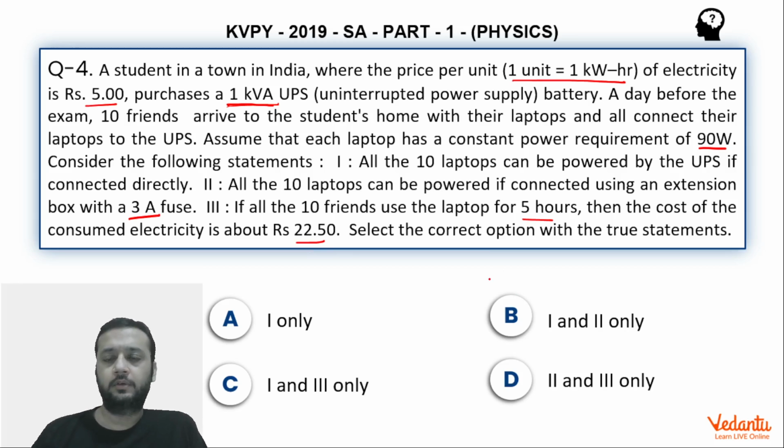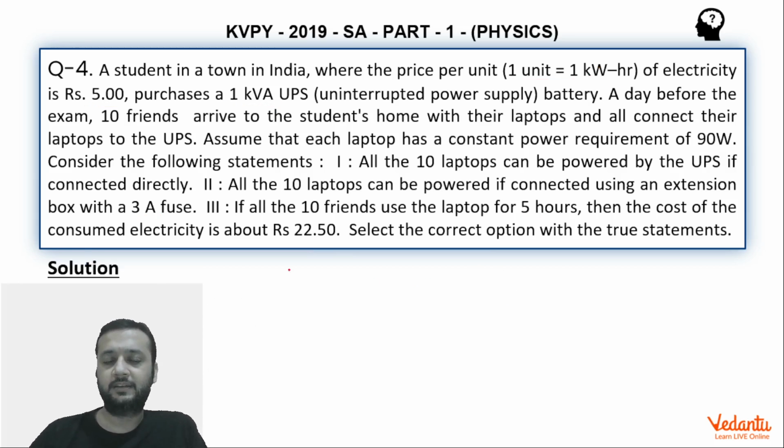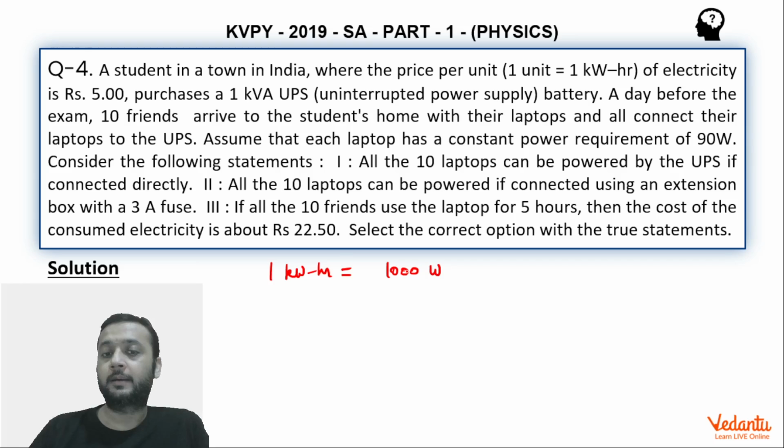Okay, now first of all, what is this 1 kilowatt hour? So 1 kilowatt hour means 1 kilowatt, which is 1000 watt, multiplied by hour. So what is 1 hour? That is 3600 seconds. So basically this is nothing but 36 lakh, 36 lakh watt seconds.